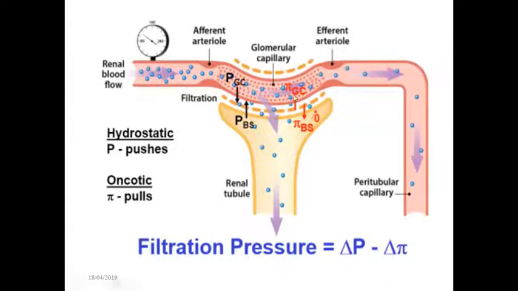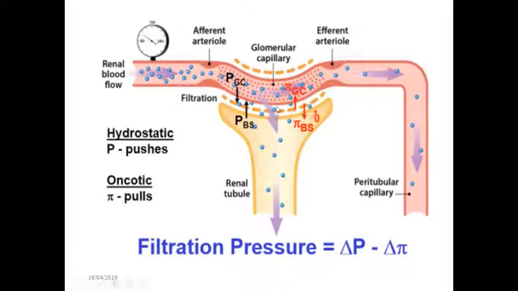So if the concentration of these plasma proteins is increasing, it simply means that the oncotic pressure is also going to increase. So this increase in the oncotic pressure is going to create a negative pressure here because it's attracting water molecules. Most of these plasma proteins are negatively charged, so they'll start attracting water molecules. So they would want to retain water within the capillaries. So that would be another opposing pressure.